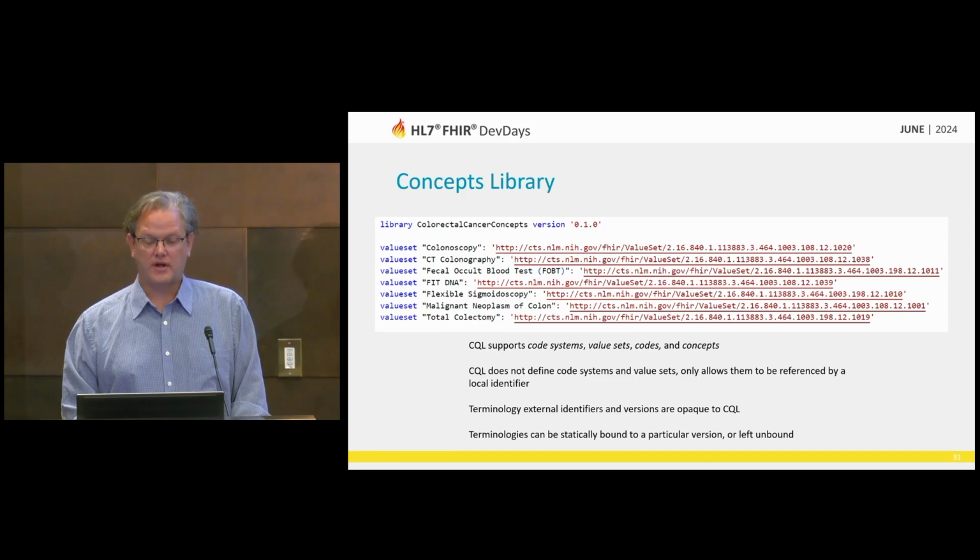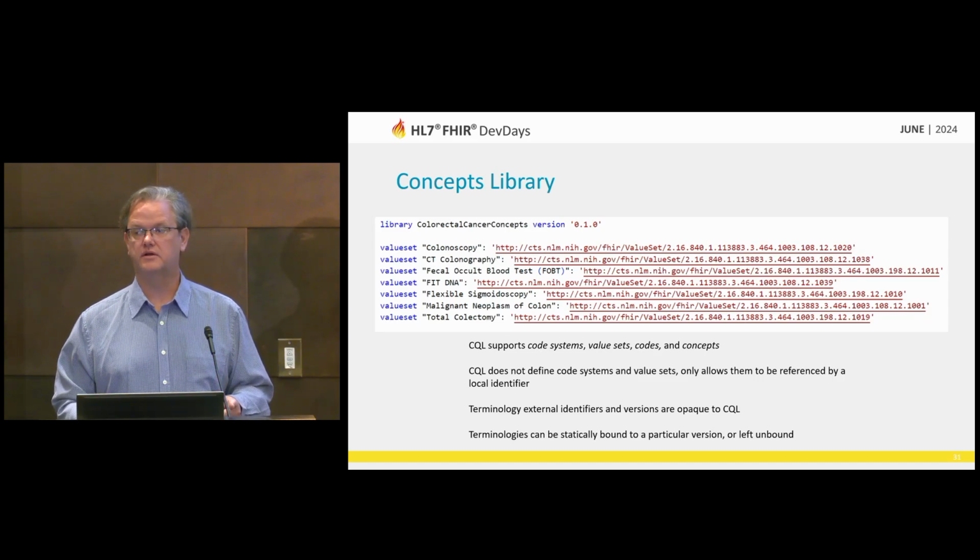But this URL could be any valid FHIR URL. And to CQL, it doesn't care, it's just a string. And all that means is this is a stand-in for that URL. So when I say colonoscopy in this library, I'm talking about that value set.